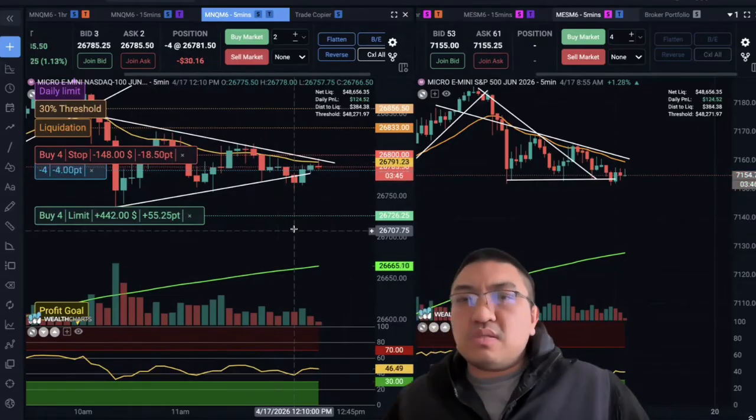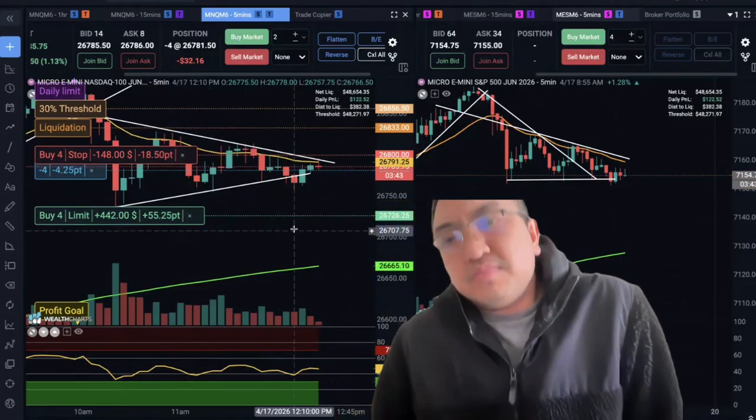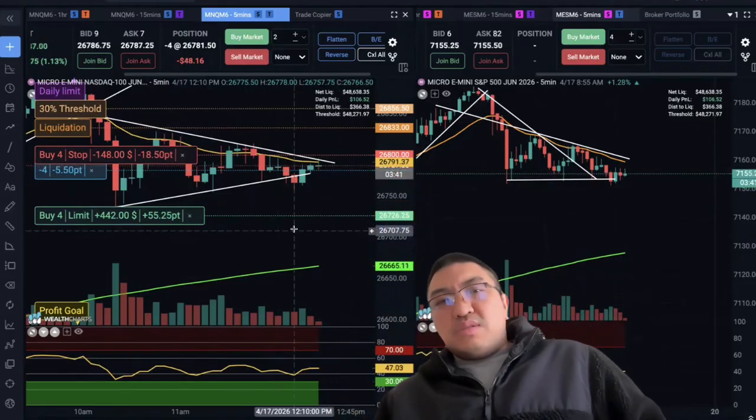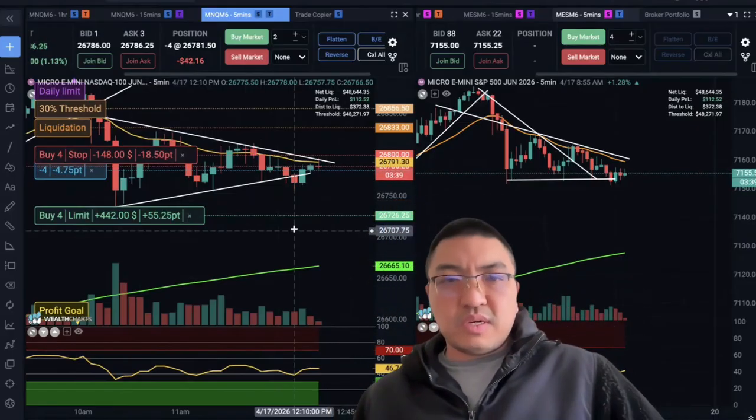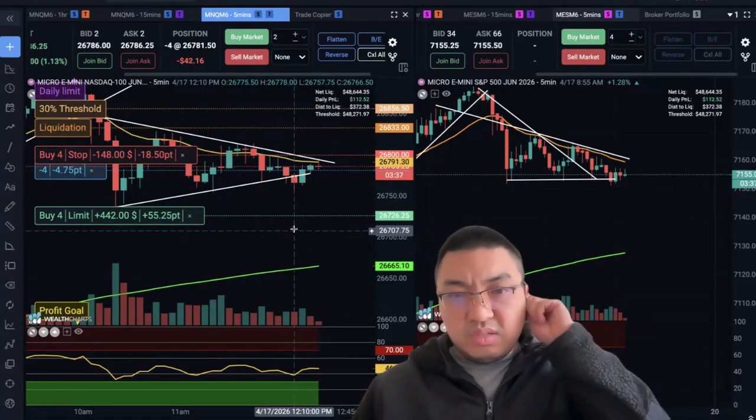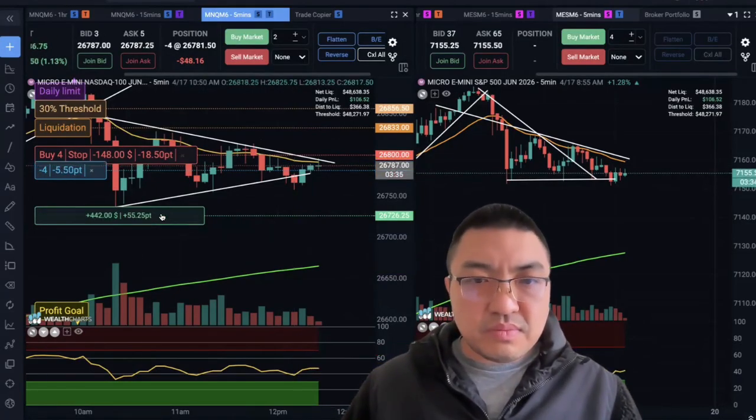Let's see ES, because gradually it's moving down, and you retest the EMA 21 again.